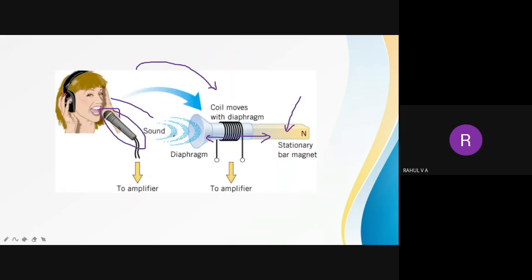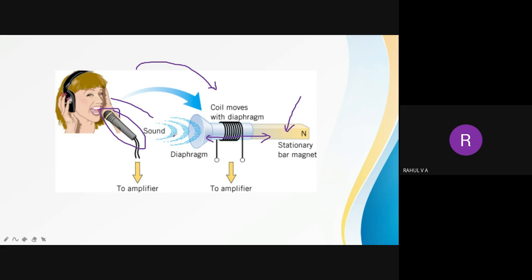So I think all of you understood what is Faraday's first law, what is Faraday's second law, and Lenz's law. It is very important. Okay, they will be asking for 4 marks on it. So Faraday's first law states that whenever a magnetic flux linked with a coil changes, an EMF is induced in the coil.